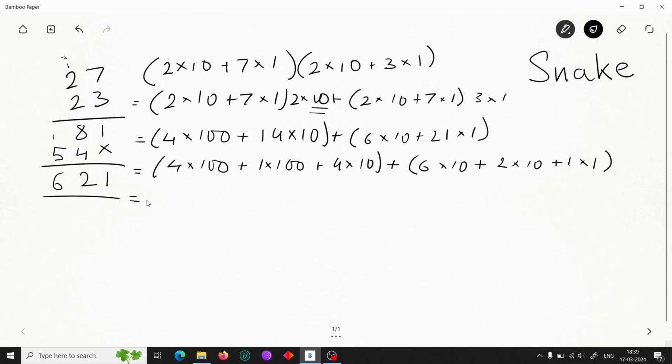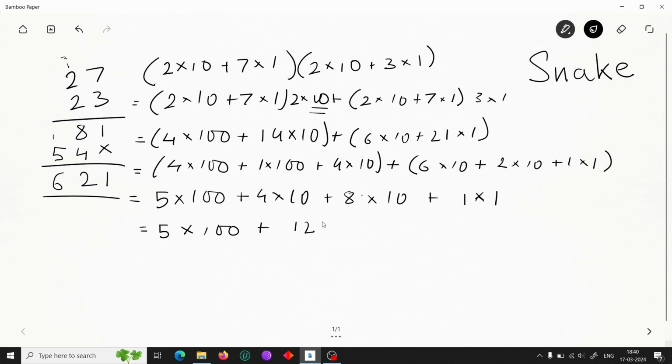So let's get arranging this here and this here. This would then become 4 plus 1, 5 times 100. Then this would be 4 times 10. Then here this would basically be 6 plus 2, 8, so 8 times 10 plus 1 times 1. Okay, then finally we can write this down as 5 times 100 plus 12, 4 plus 8, 12 times 10 plus 1 times 1.